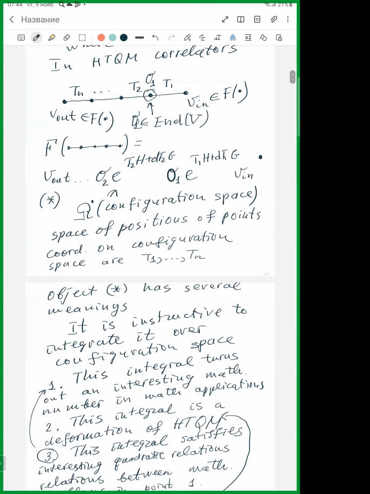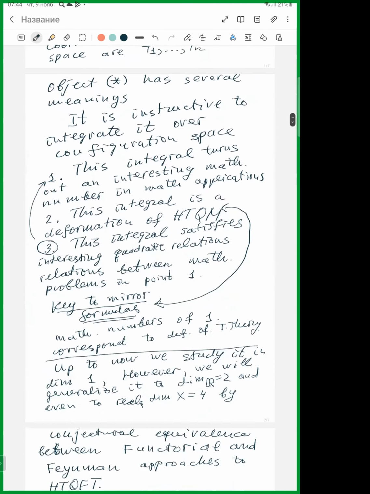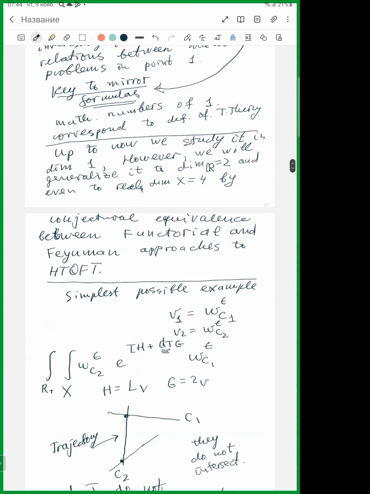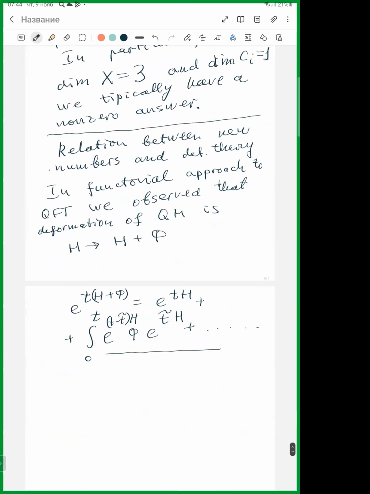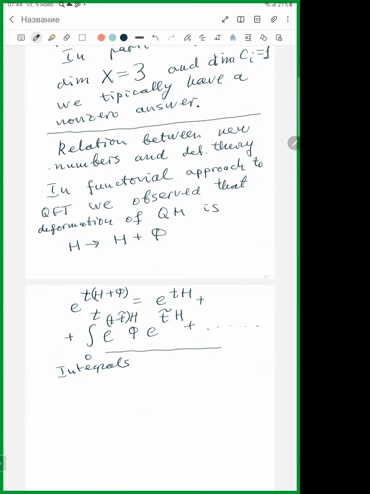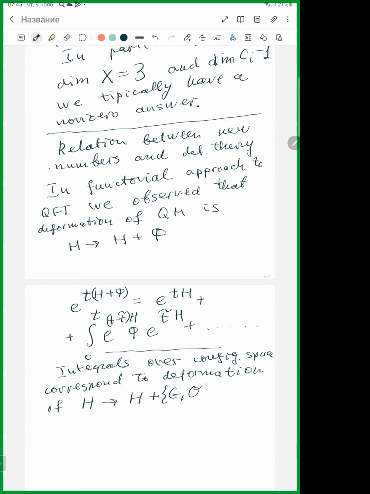And you will see that integrals over configuration space correspond to deformation of H to H plus commutator GO. So phi is just GO.